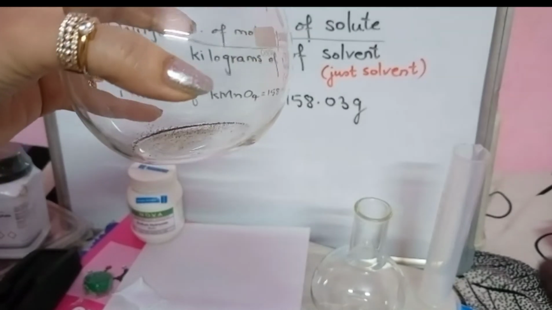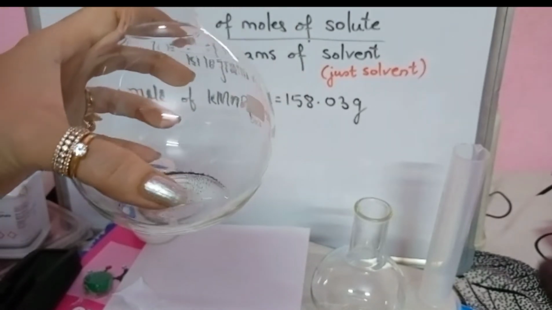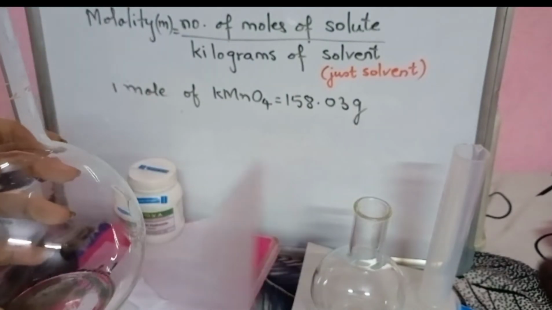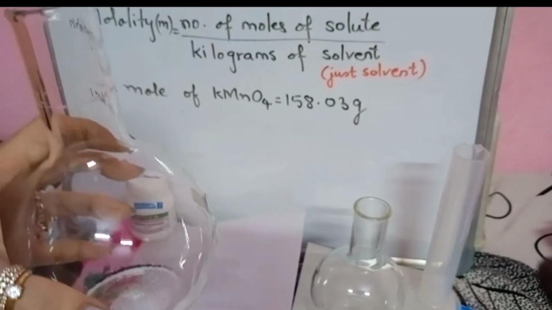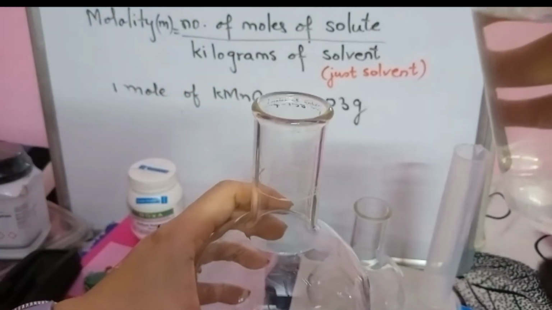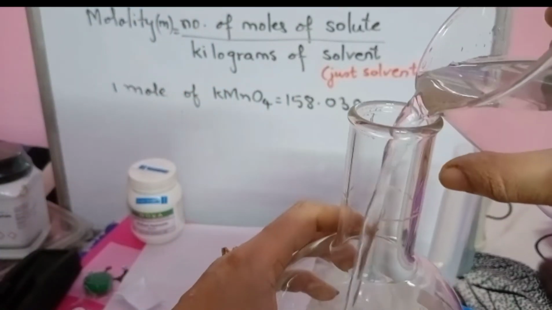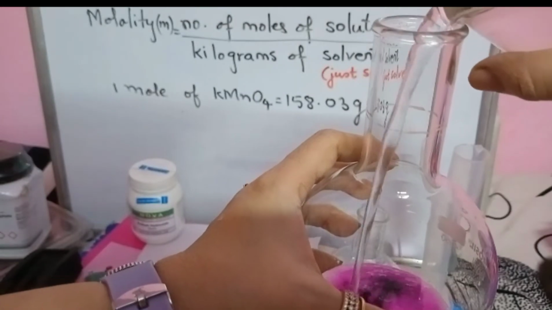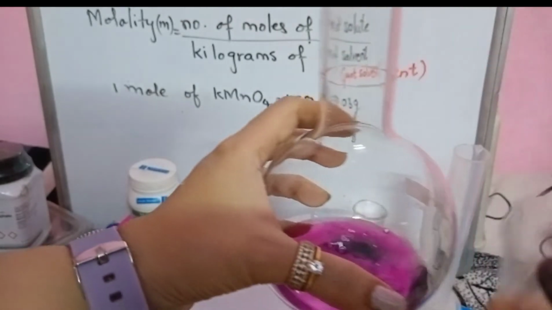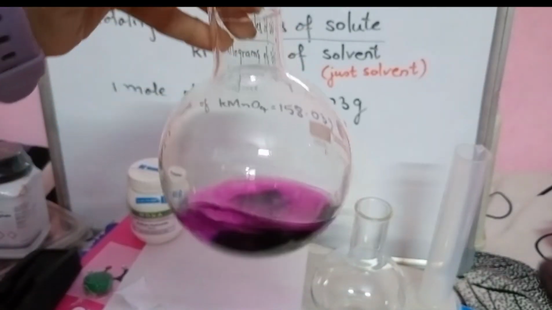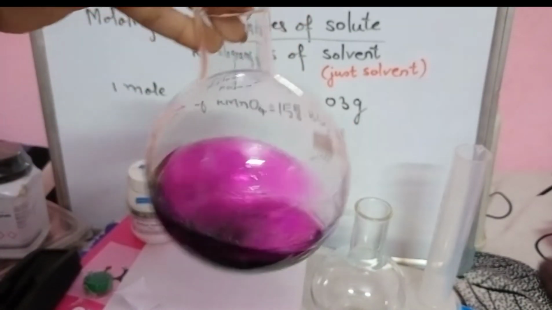At the bottom, now what I'll do is add a little bit of water, and swirl it till all of the KMnO₄ gets dissolved.